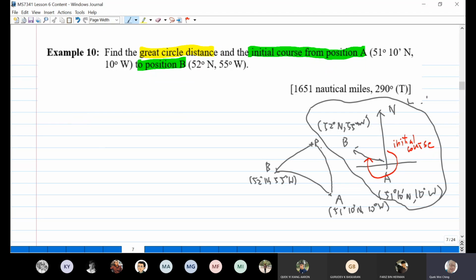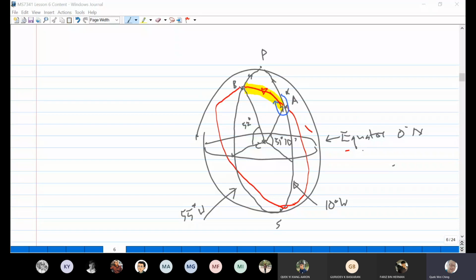So now let's do some calculation. How to do the calculation? I can calculate something called the co-latitude of A first.